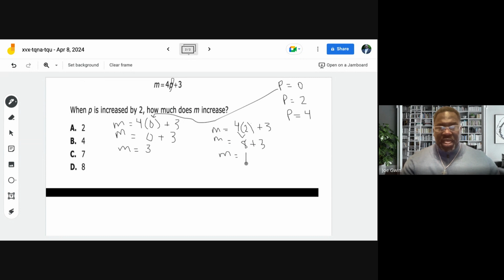And we'll do this last one that I chose. I chose 4 for P. So I'm going to plug 4 in right there. So we're going to have M equals 4 times 4.